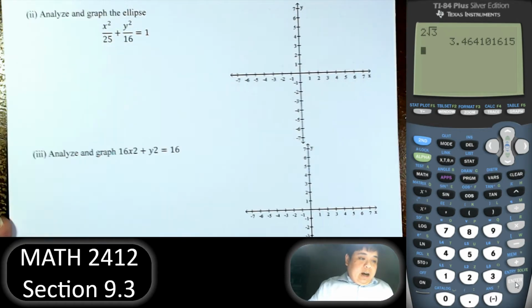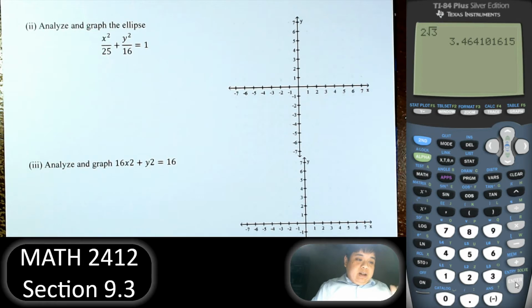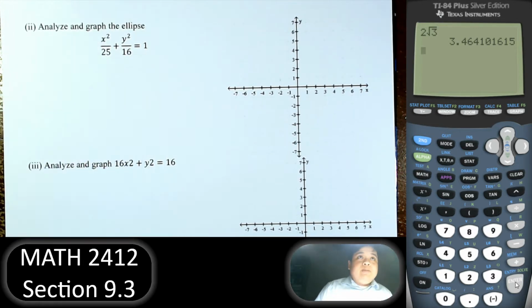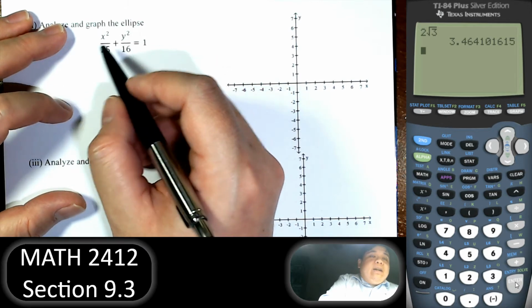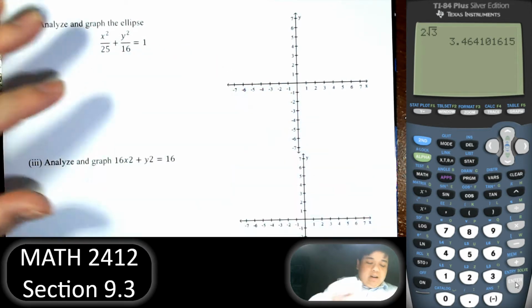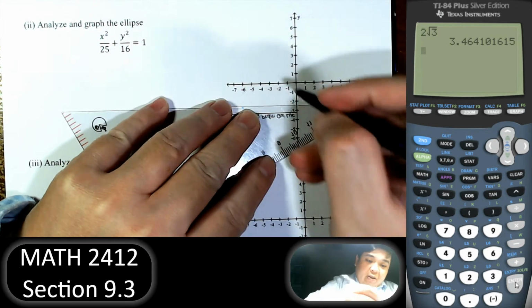Now, analyze and graph the ellipse. This should be easy, right? So x squared, y squared. Under the x squared there's 25, meaning that we're going to go left and right 5 units.